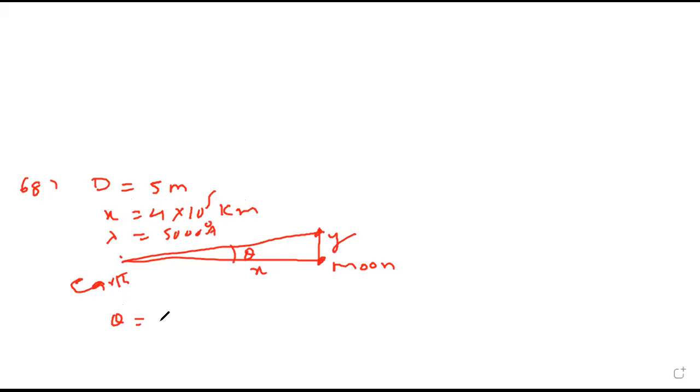So we know for a telescope theta is 1.22 lambda upon d. From the figure here it is y by x.